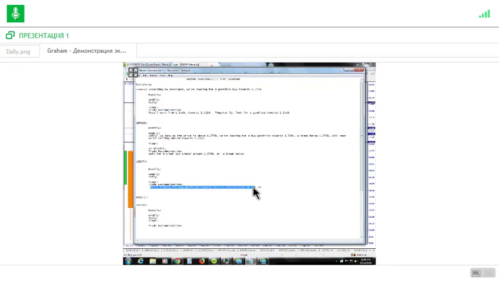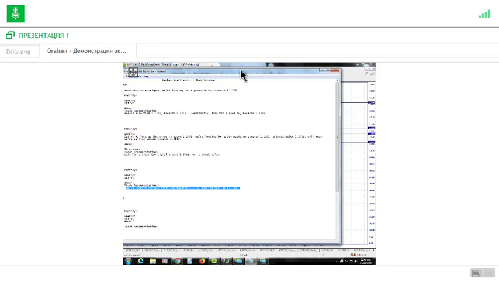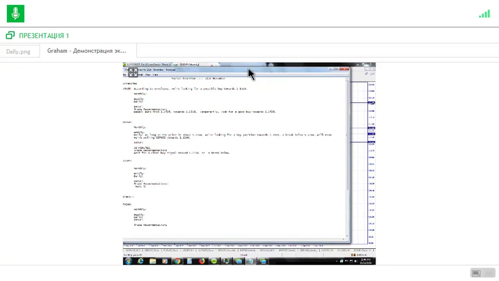So that's what we need to write: wait for a break above 113.68 to pick a buy position towards 117.04, or a retracement back to 111.83 to pick a buy position.